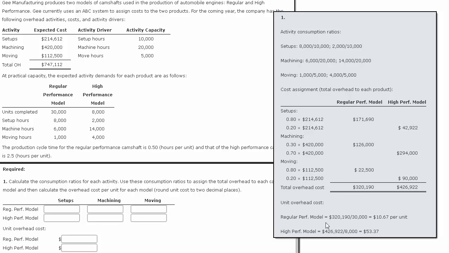Once we have the total overhead cost, we can divide it by the denominator. And the denominator represents the total units completed. There's our 30,000 and 8,000 that gets used right here. So we're able to come up with the unit overhead cost.